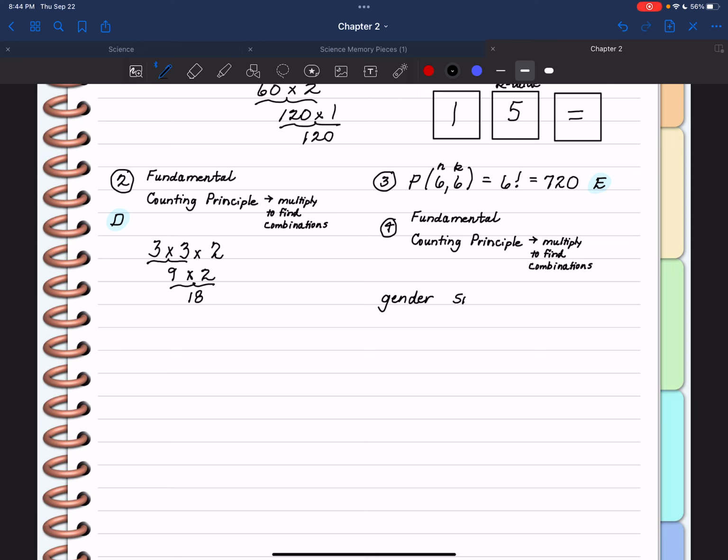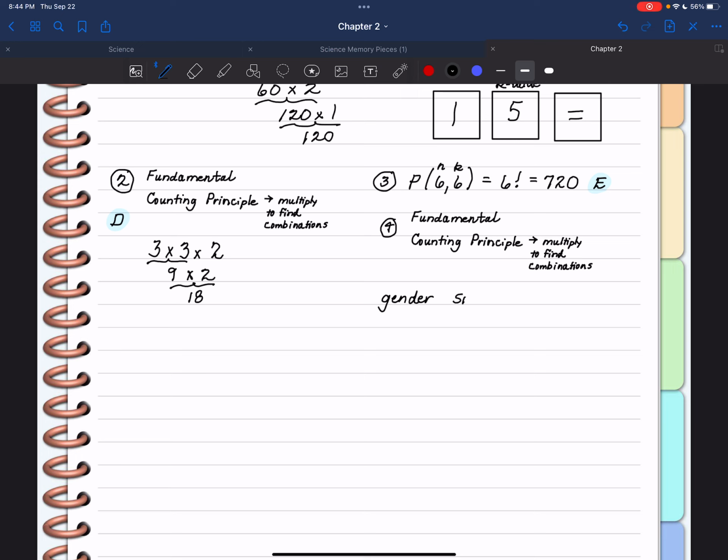We have material. And we have color. So when selecting a watch, you have 4 variables that you have to consider. And the counting principle tells us that we multiply to get the possibilities.